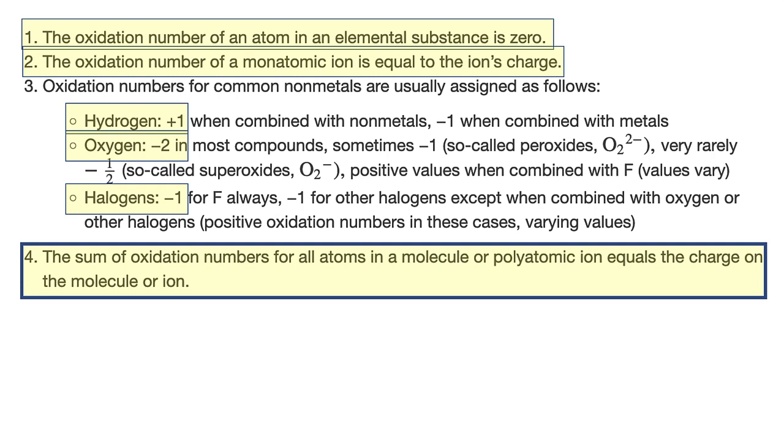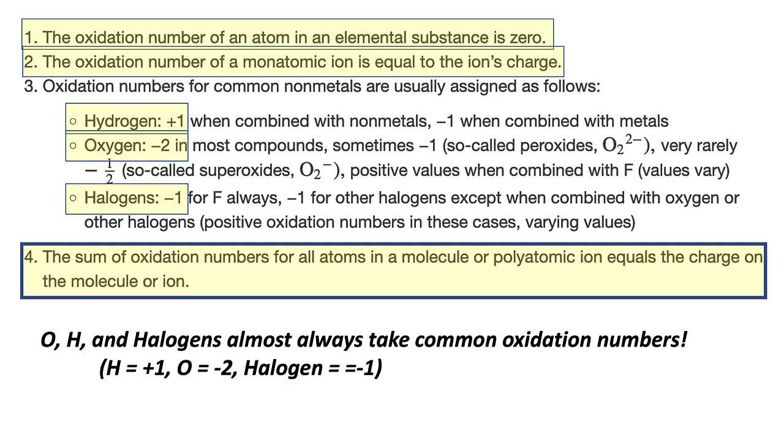And that's this rule 4, which again is the most important, I think, for figuring out what the oxidation numbers are, because if we adhere to rule 4, which is to say that all of the oxidation numbers need to add up to the charge on the molecule or ion, it's kind of like rules 1 and 2, what else could they be? And when we know that certain atoms like to have certain oxidation numbers, we fill in the rest based on what the overall oxidation numbers need to sum to.